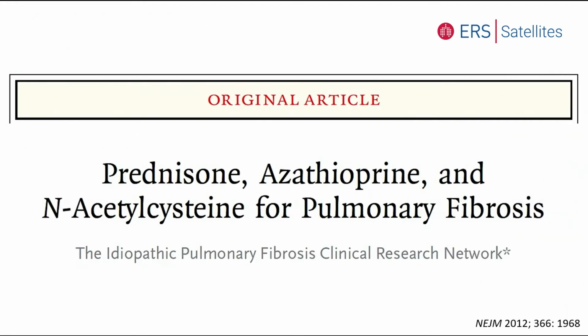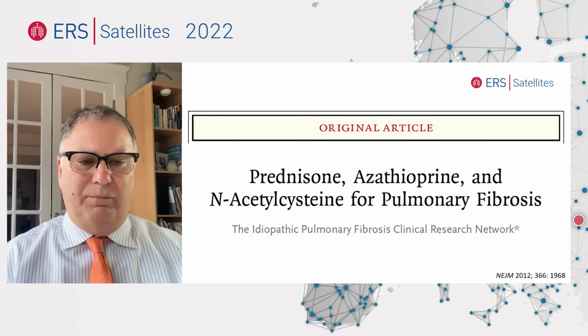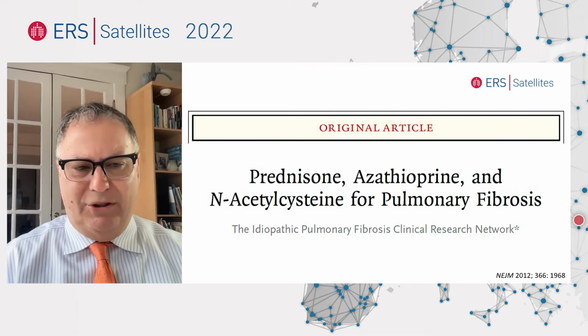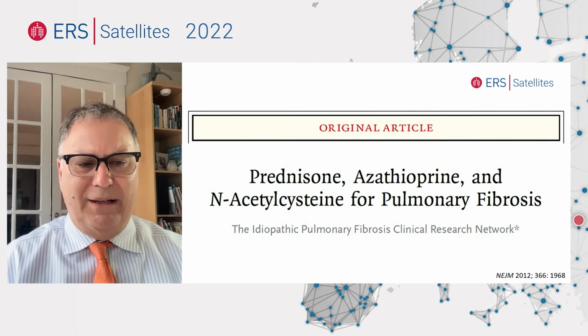and also based on some work that showed that actually there was no evidence of real inflammation in the IPF lung, the Panther group did the classical study comparing prednisone, azathioprine, and acetylcysteine for pulmonary fibrosis.